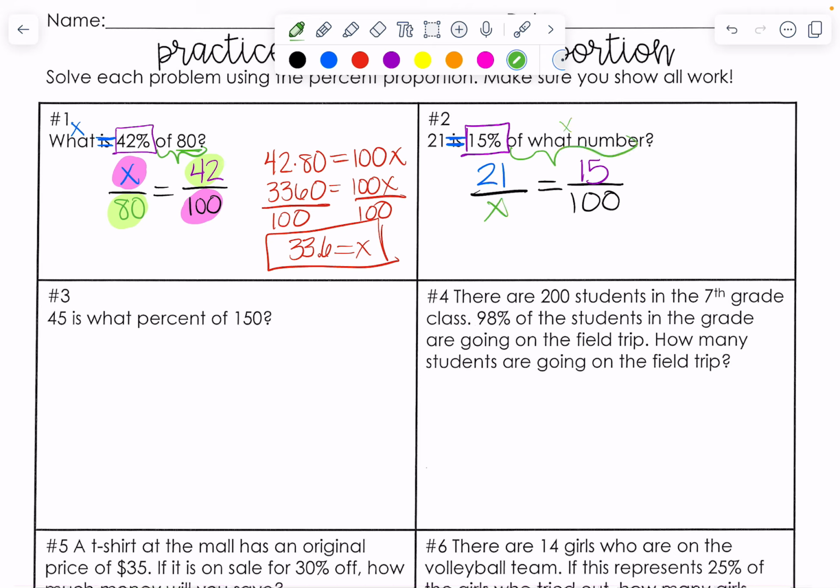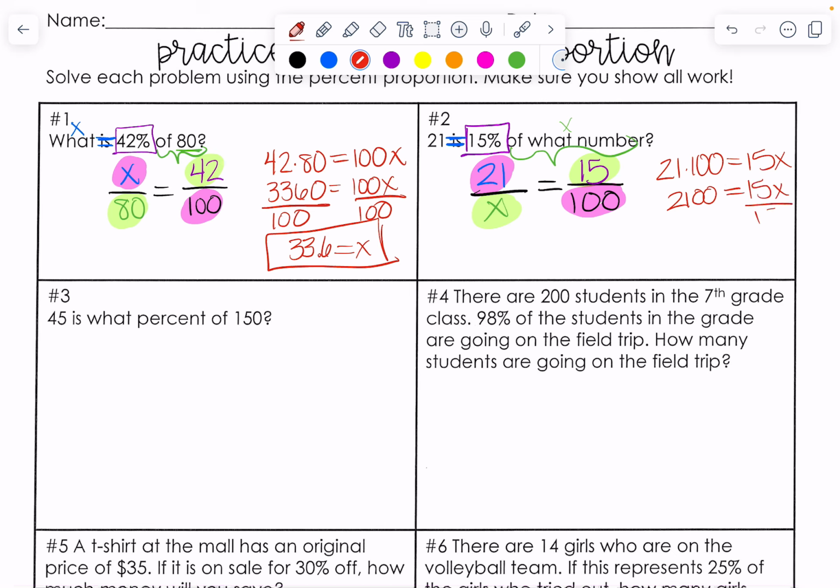And then again, this one, there might be some relationships that you see. For the purpose of what we're doing, I'm just going to use cross products. So x times 15 would equal 21 times 100. And so 21 times 100 equals 15 times x. 21 times 100 is 2100.